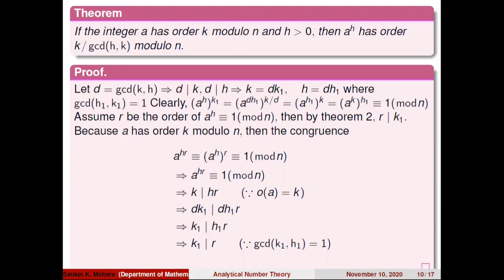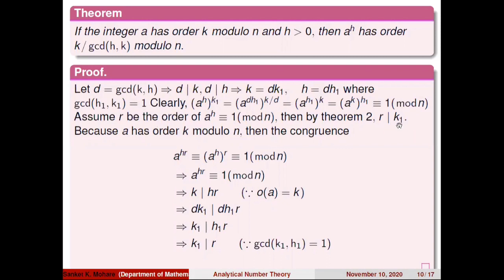If an integer A has order K modulo N, then K divides H, where A to the power H is congruent to 1. So whenever A to the power H is congruent to 1 modulo N, then K divides H, where K is the order of A. So using that theorem, here R is the order of A to the power H, so this implies R divides K1.